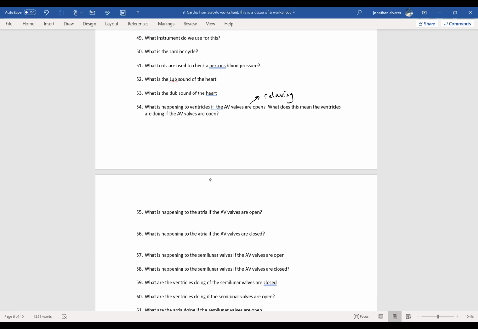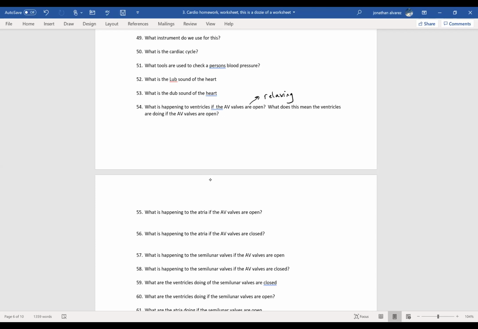The right ventricle is pushing blood through the pulmonary semilunar valve, and the left ventricle is squeezing blood through the aortic semilunar valve. So when the ventricles are squeezing, the semilunars are open, therefore the AV valves are closed.